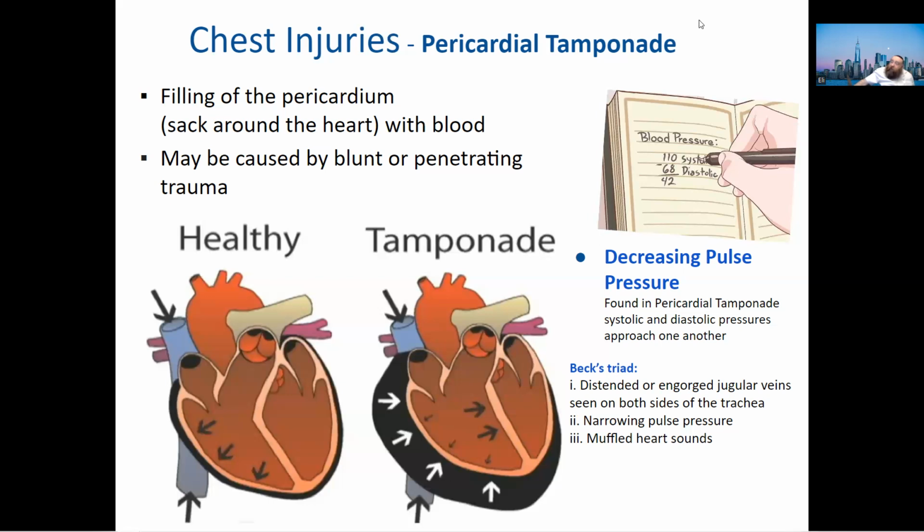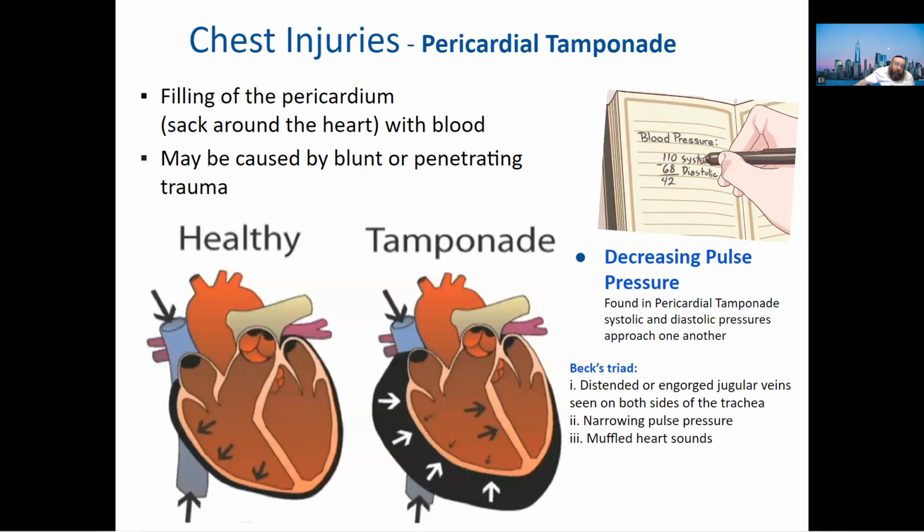It's called pericardial tamponade. This is where the heart bleeds into its own sac. So we spoke about some different sacs that we found around the body. During anatomy, they should have mentioned for you that the abdominal organs are surrounded by a sac called the peritoneum.